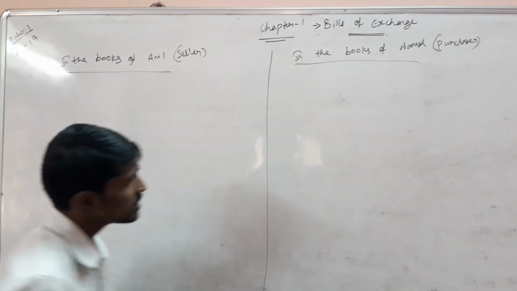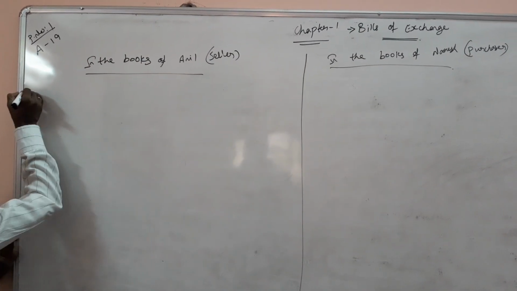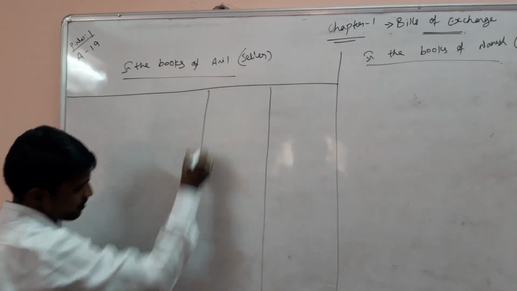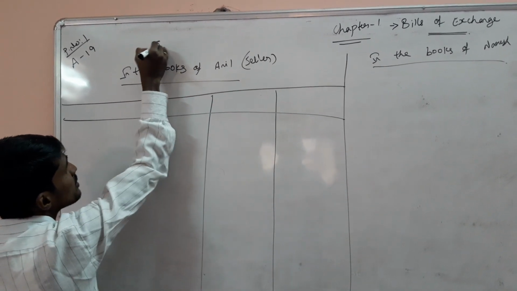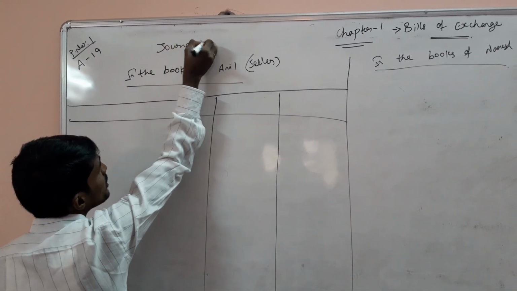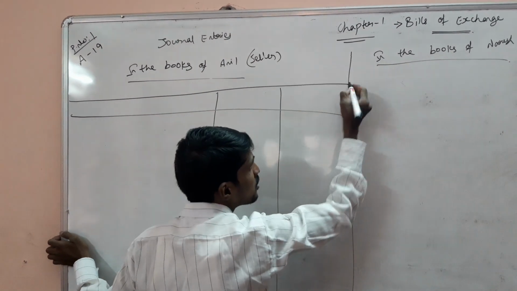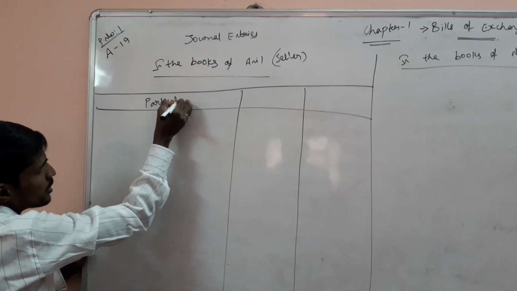So here we have to prepare the journal entries. You all know what the journal entry format is. Journal entries in the books of Anil, in the books of Naresh. Particulars.